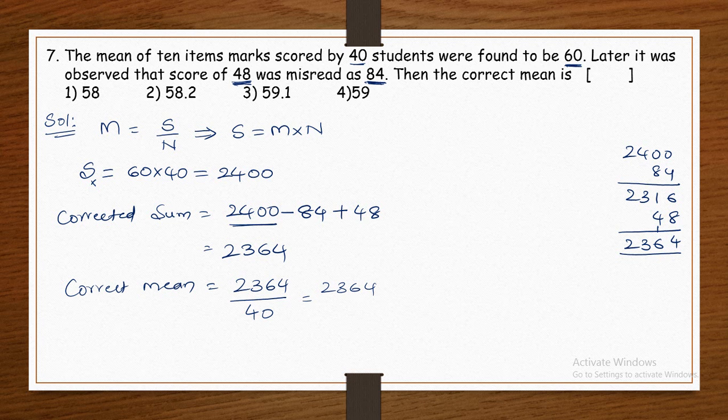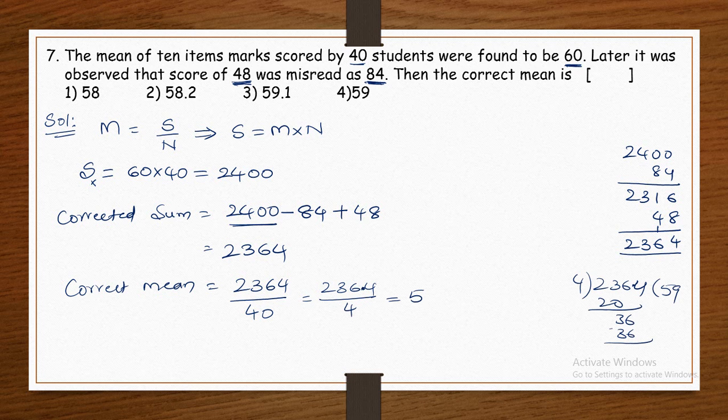So for that, I am going to keep one decimal and divide by 4. Now in the 4 table, 4 5s are 20. Next 3 will be carried, right? Otherwise you can directly divide 236.4 by 4. So 4 5s are 20. Next 36. So 4 9s are 36.